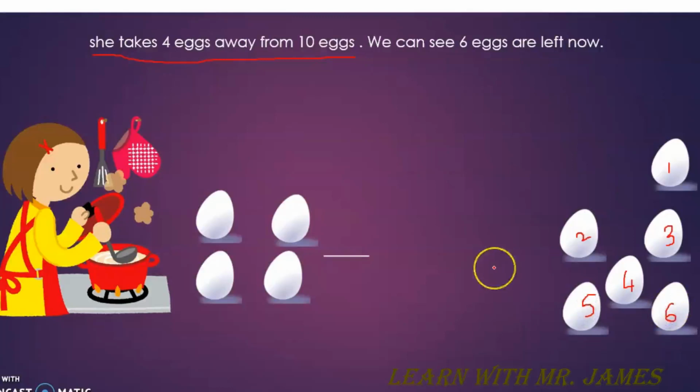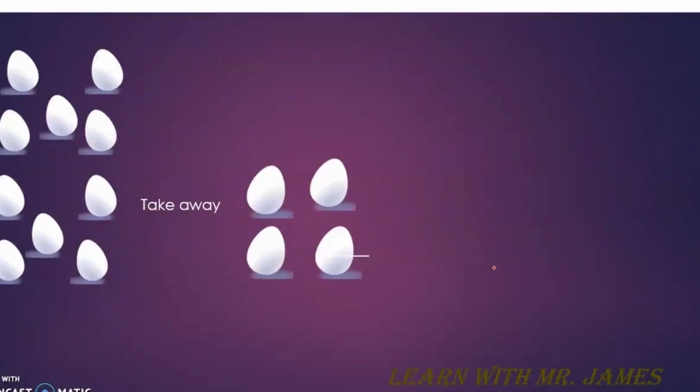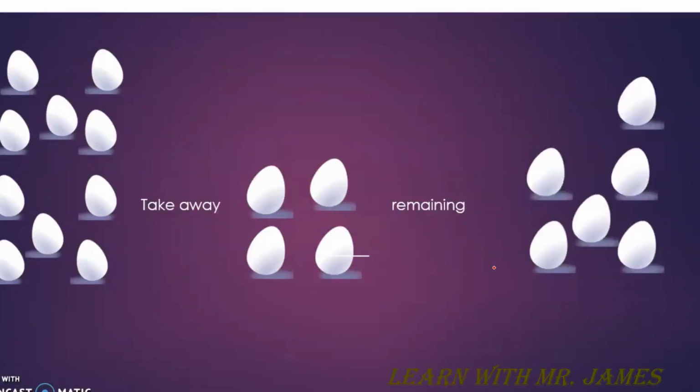So how to write the subtraction in equations? Let's see. So totally there are 10 eggs. The mother wants to take away 4. Then finally we saw the remaining eggs are 6.